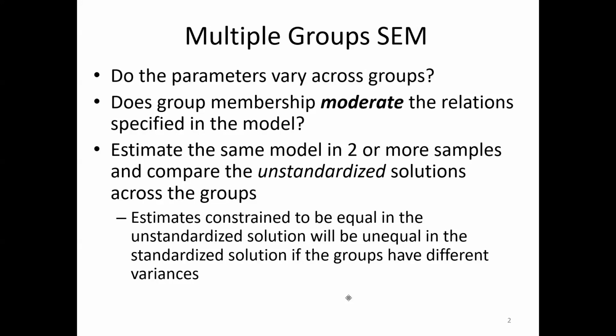It could be that the means on the items vary because the 2 groups differ in terms of their overall amount of this trait that we're measuring, right? So the 2 groups differ on the latent variable, and so the 2 groups are going to differ in terms of what their scores on the indicators are, right? That makes sense.